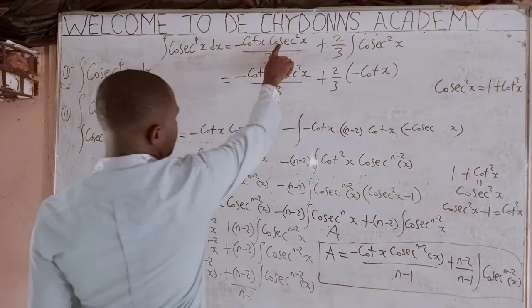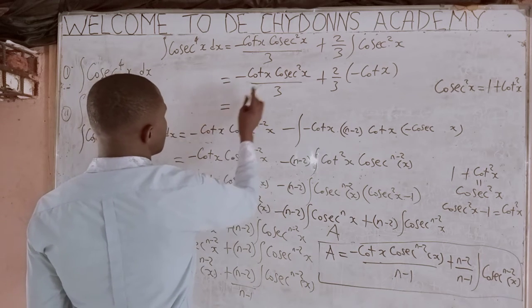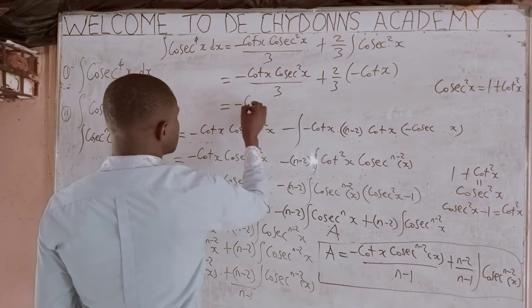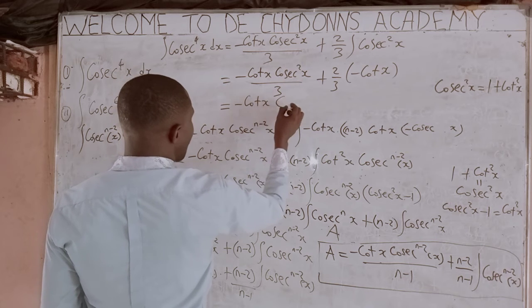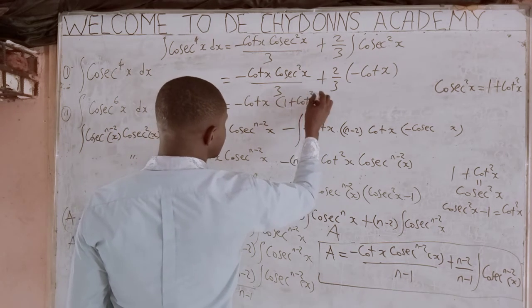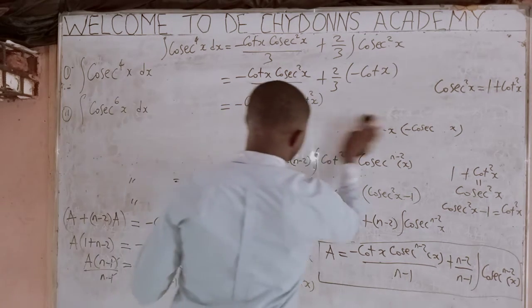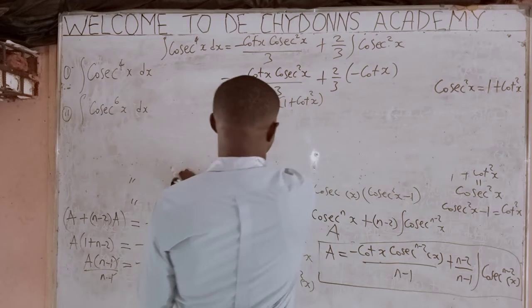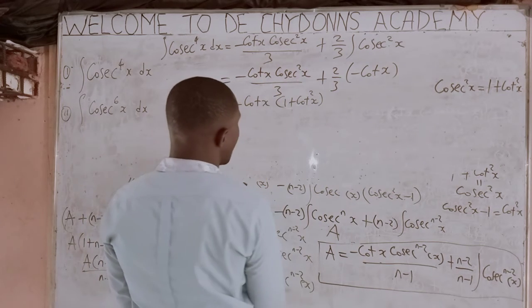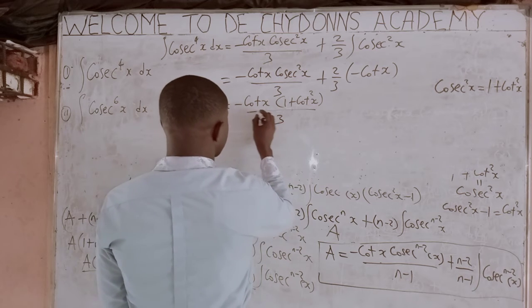So I will remove this and put 1 plus cot squared x. That will be giving me minus cot x bracket 1 plus cot squared x all over 3.